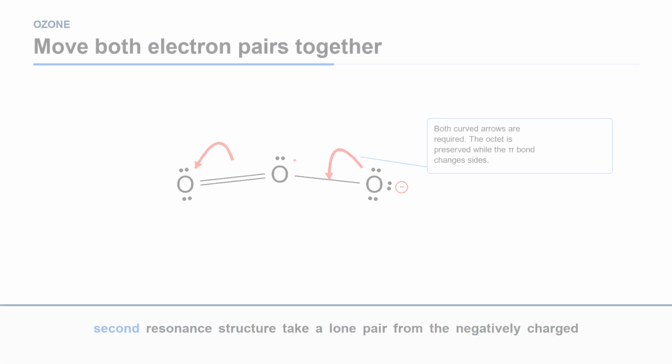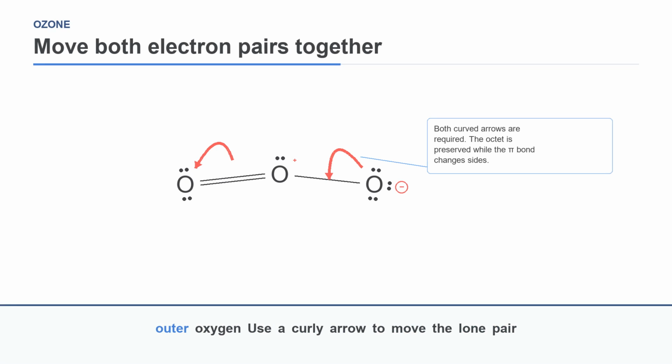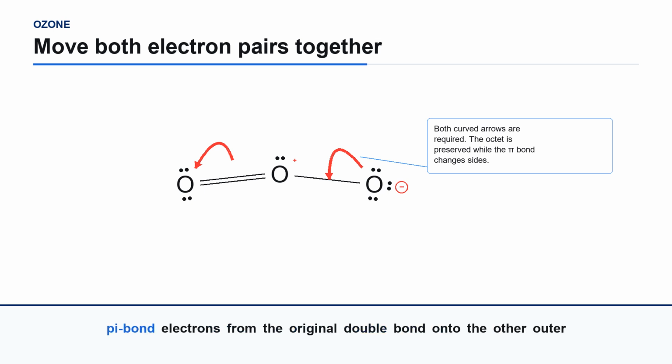To draw the second resonance structure, take a lone pair from the negatively charged outer oxygen. Use a curly arrow to move the lone pair toward the oxygen single bond. This lone pair forms a new pi bond. The oxygen single bond becomes a double bond. At the same time, use another curly arrow to move the pi bond electrons from the original double bond onto the other outer oxygen atom.